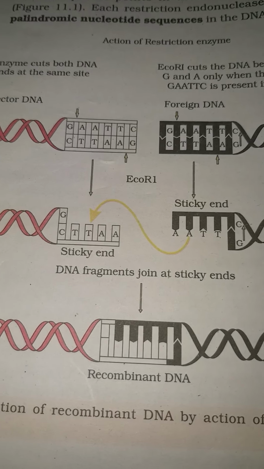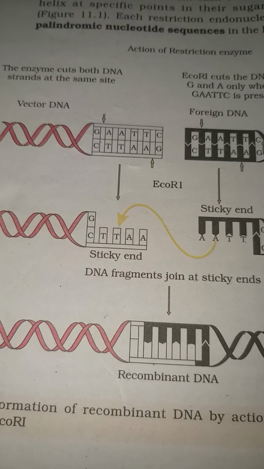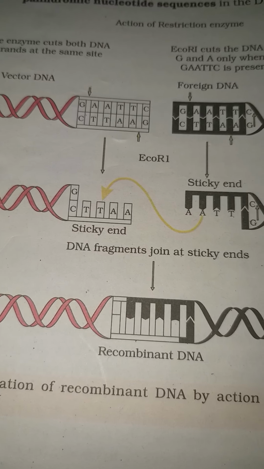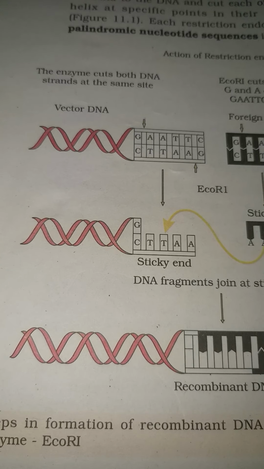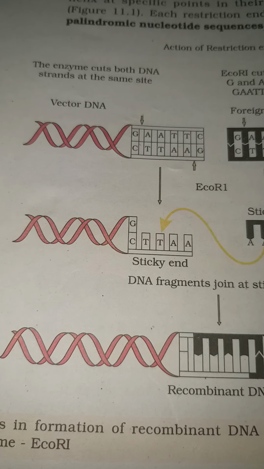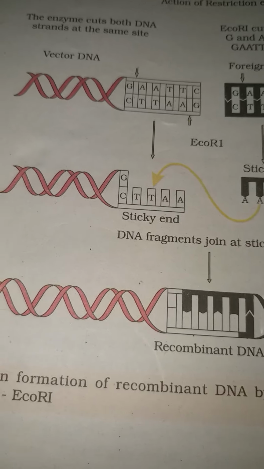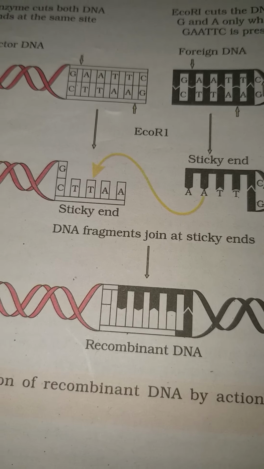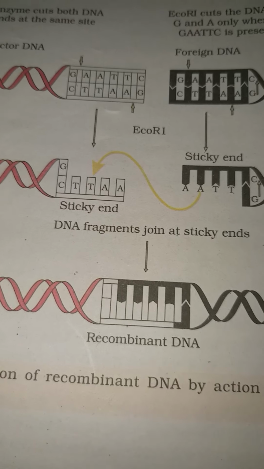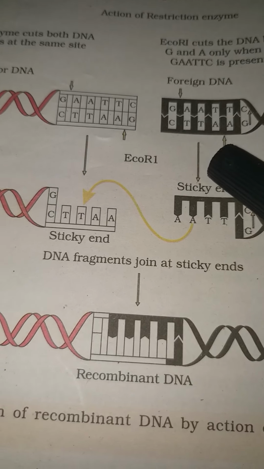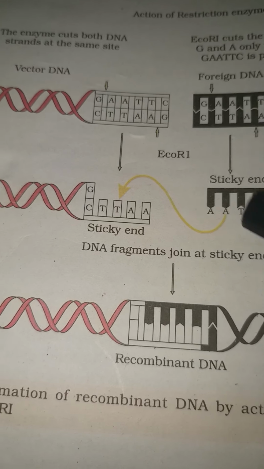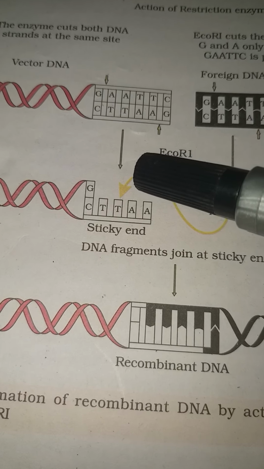When they form there, they leave a little part: C and G is left there, and here G and A, one part is left. When they identify, they cut the foreign DNA, and what do they cut? AATT. You can see it is AATT here and AATT here, and it is also a palindromic sequence.